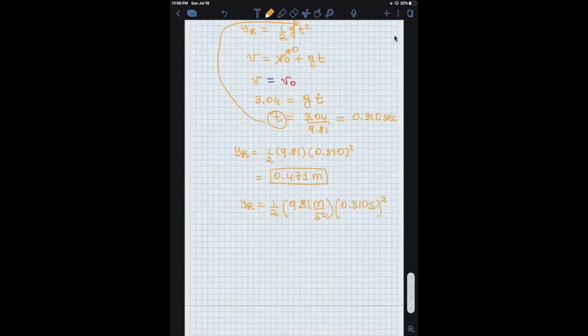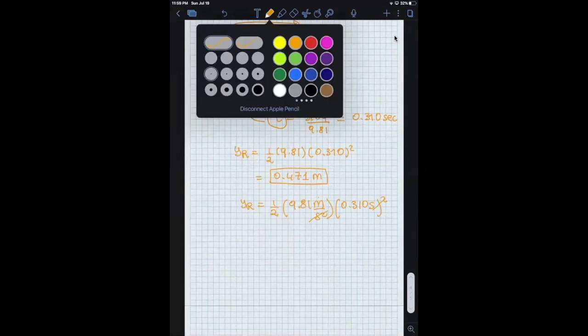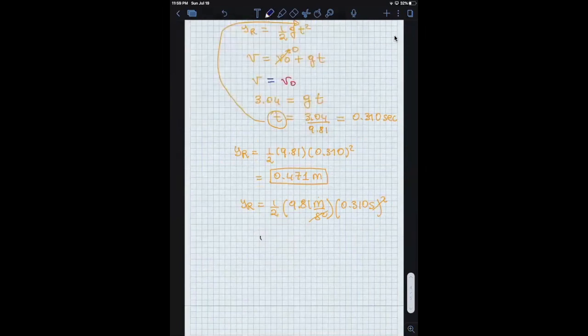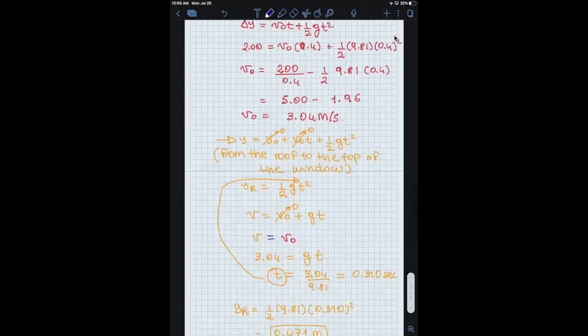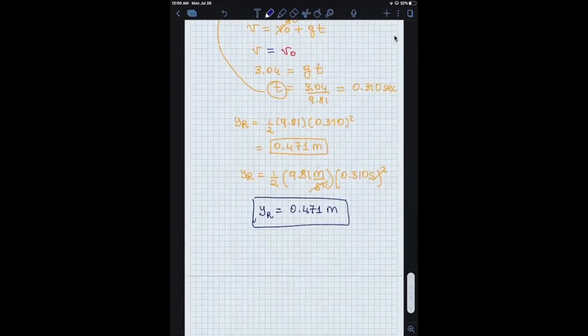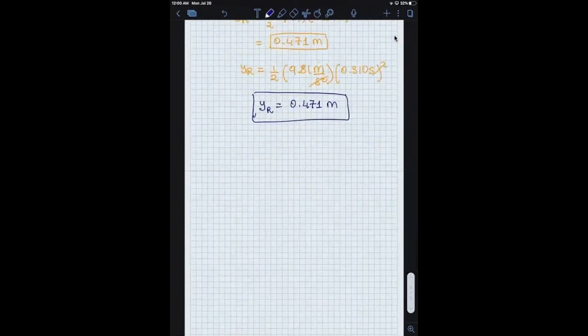So the seconds squared will simplify, and then you're just left with meters. So our calculation is correct. So final answer: YR is equal to 0.471 meters. And this is the distance from the roof to the top of the window, which is what we were asked. I hope this made sense. If you have any questions, you can ask me in the comments. Thank you.